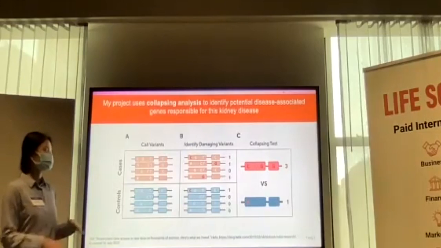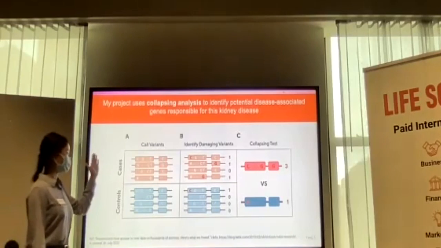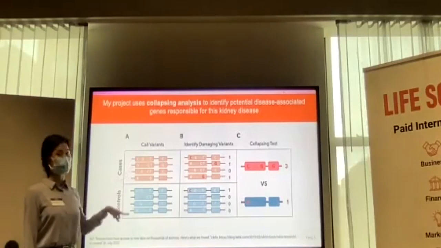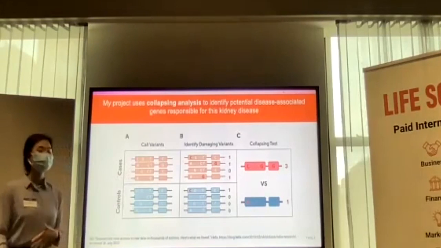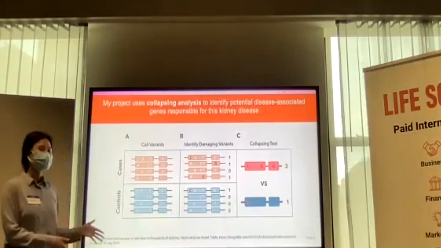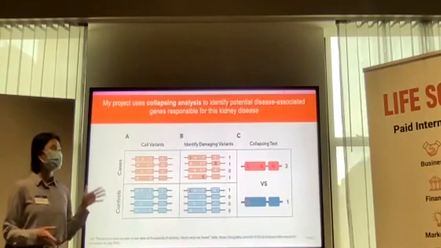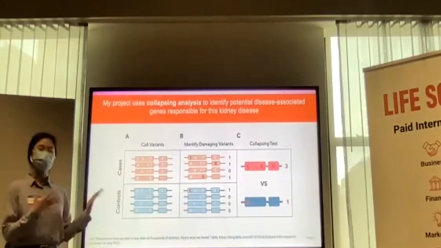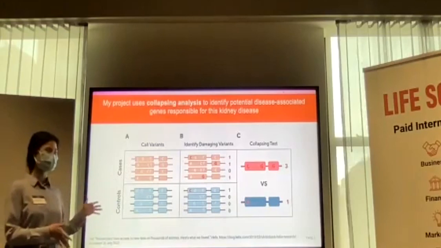And by quantifying the number of deleterious variants between cases and controls in the same genes for every single gene, we can see which genes are likely to be the cause behind this kidney disease.